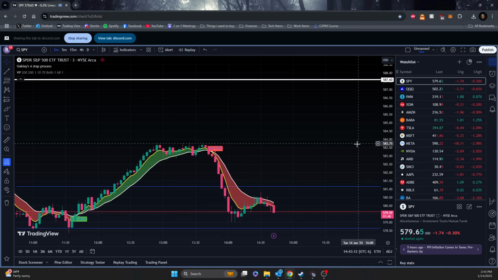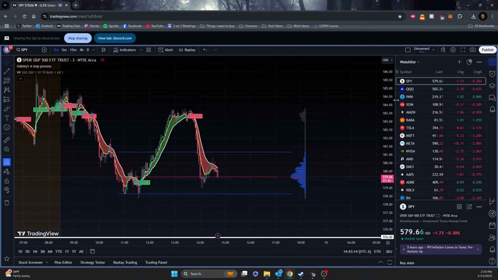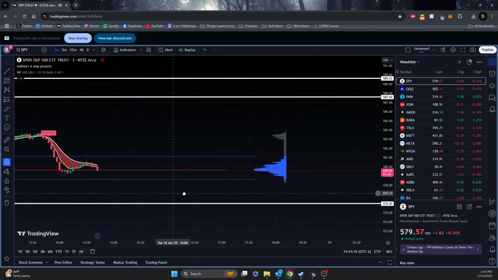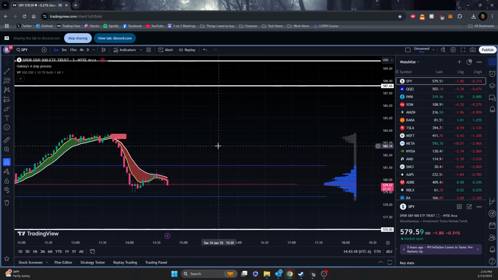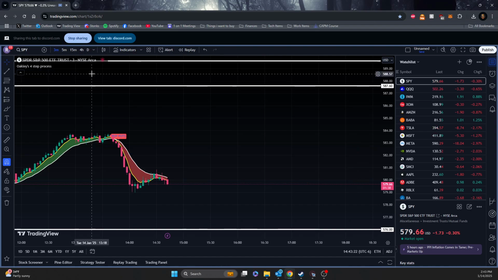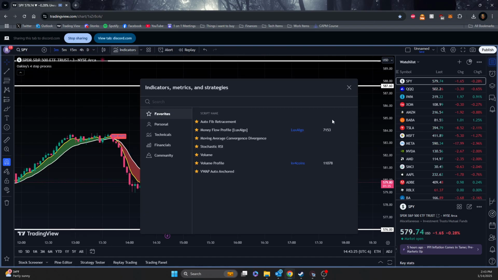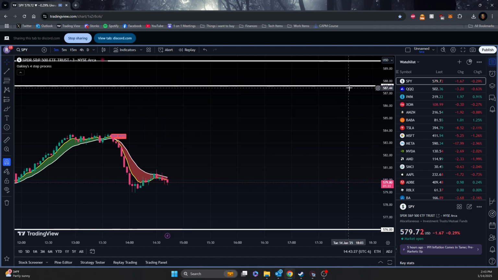Volume profile is kind of cool. I haven't really got it to work in a long time, but it's kind of neat. But yeah, for the most part, I use support and resistance, and my indicator for, lost my train of thought. My indicator for momentum, trying to figure out which way the momentum is going.